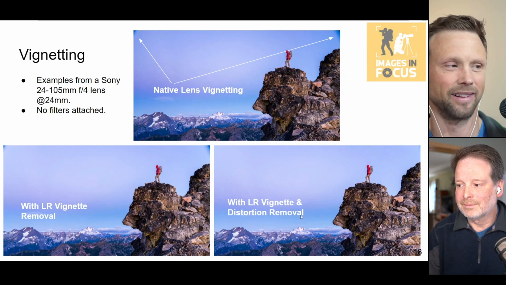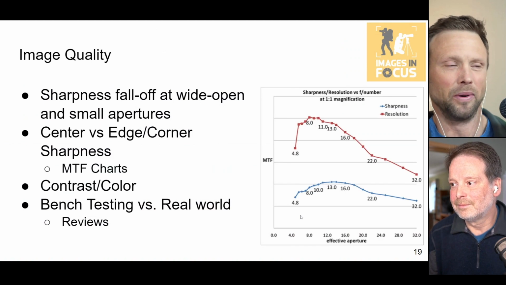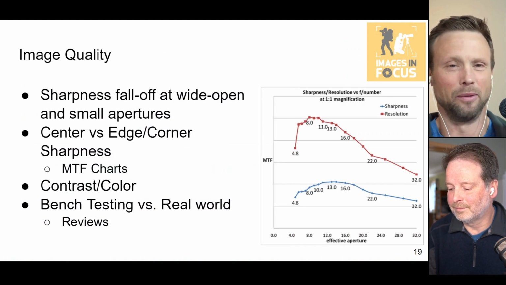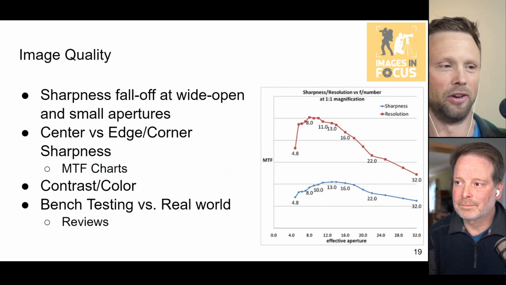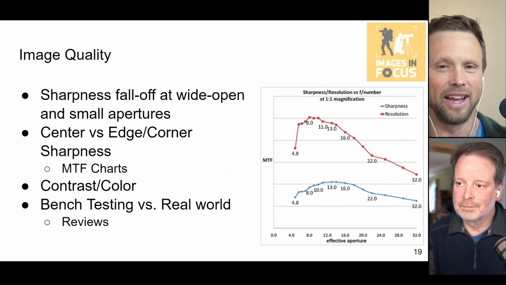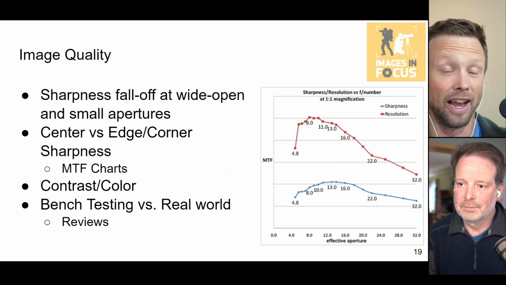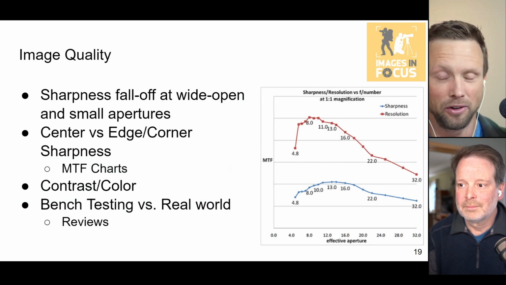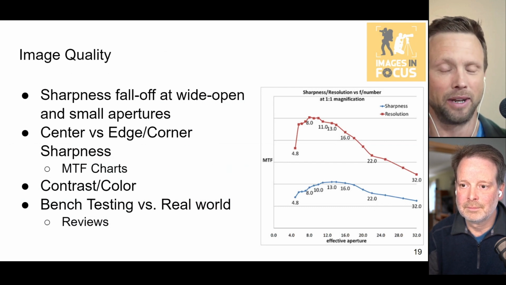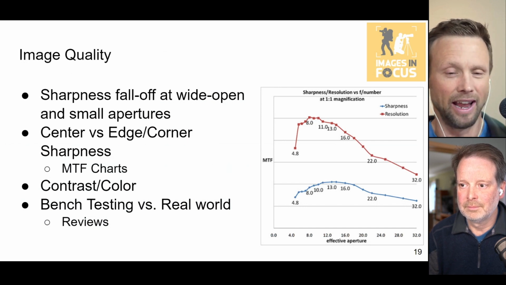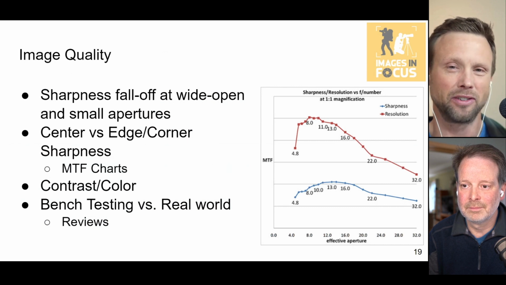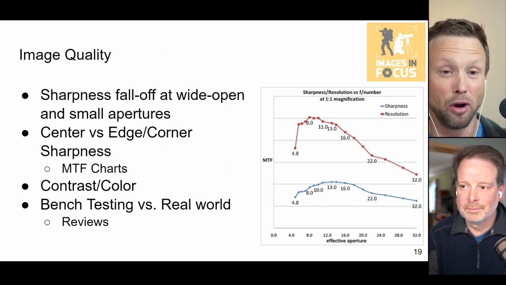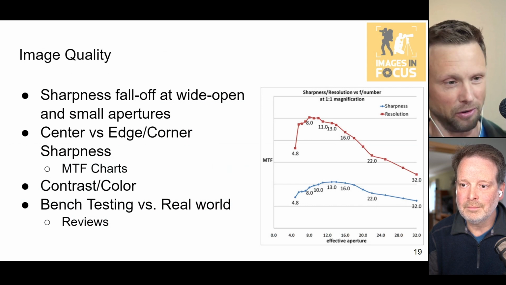Mm-hmm. Exactly. So let's talk a little bit now about image quality. As I mentioned on the previous episode, sharpness can and will fall off at the really wide open apertures and at the more stopped down apertures. And as Juan said, generally the sharpest place for your lens is about 2 or maybe sometimes 3 stops below the maximum aperture.